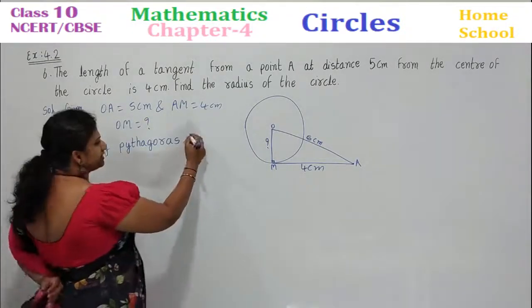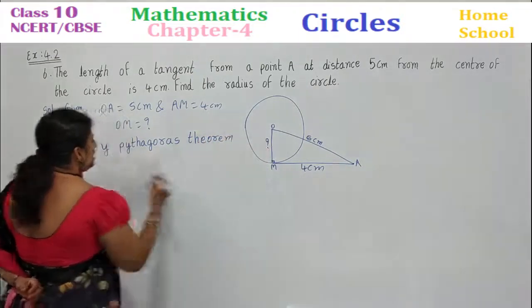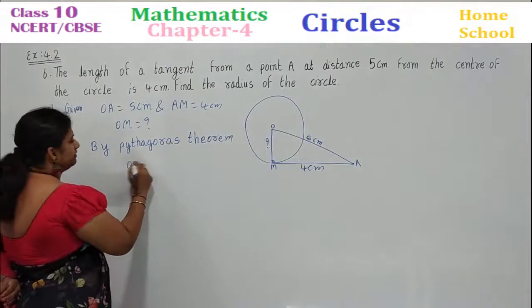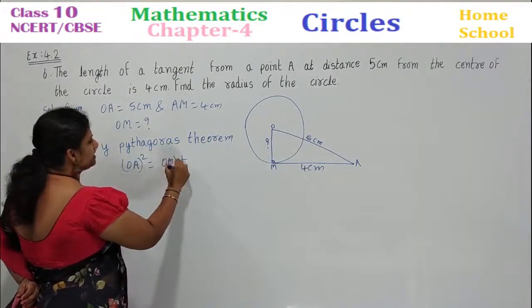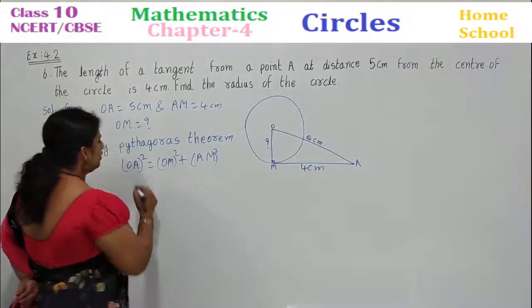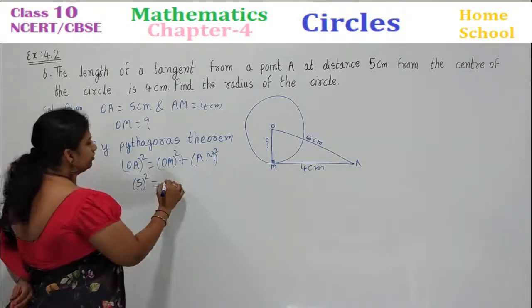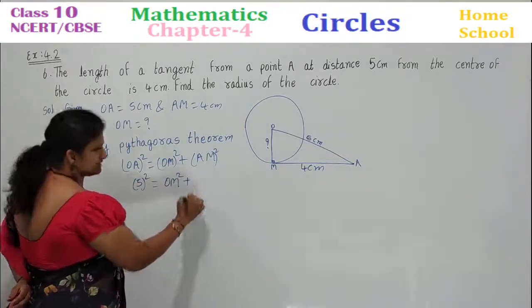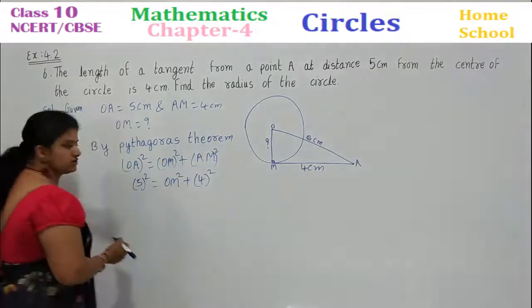By the Pythagoras theorem, what can I say here? Hypotenuse square is equal to the sum of the squares of the other two sides. OA is 5. OM, we don't know, OM square as it is. AM, 4 centimeters, 4 whole square.